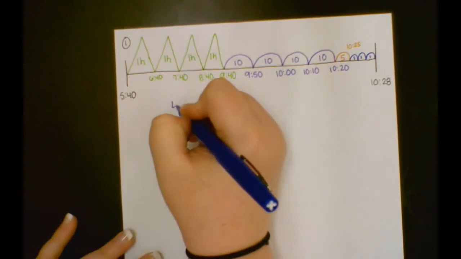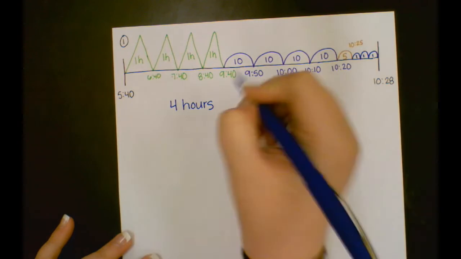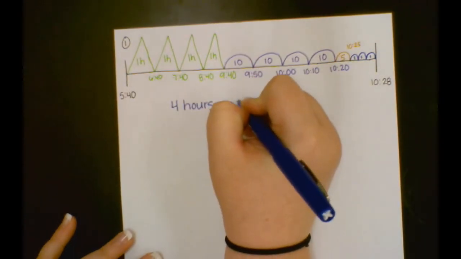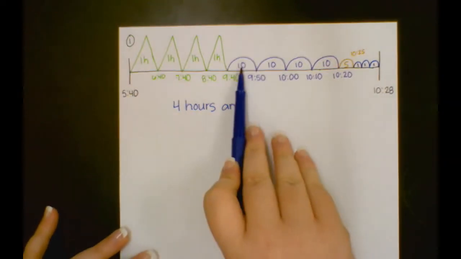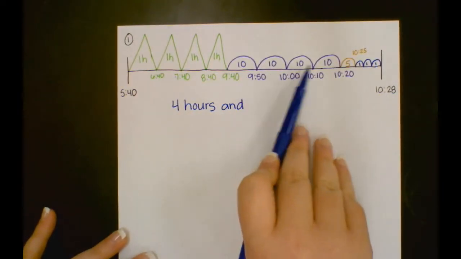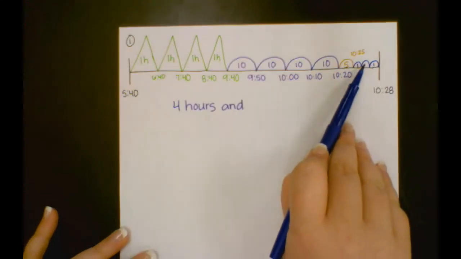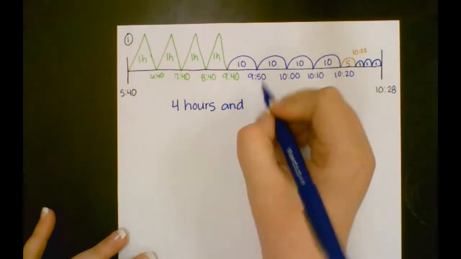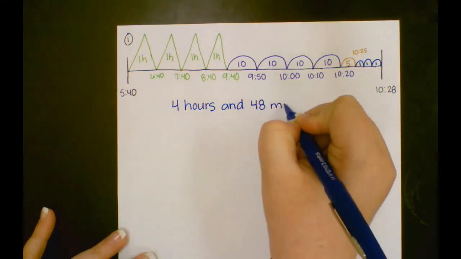So we would write 4 hours, and they know to write "and." Now we count up our minutes: 10, 20, 30, 40, 45, 46, 47, 48. So 4 hours and 48 minutes.